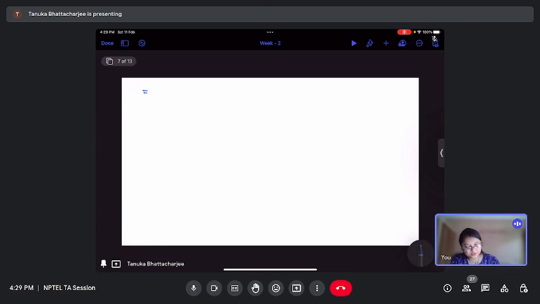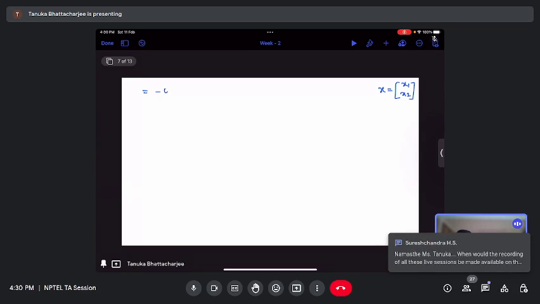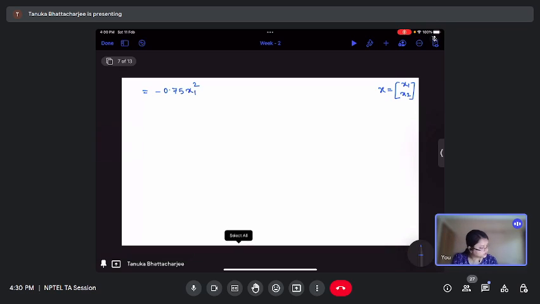Here I am assuming that we are using this variable x for our feature vectors. I assume that the definition of x is like this: the first dimension I call x1, the second x2. If you put it like that and simplify the entire thing, finally you will get minus 0.75 x1 square minus 0.75 x2 square plus 1.5 x2 plus 12.64.